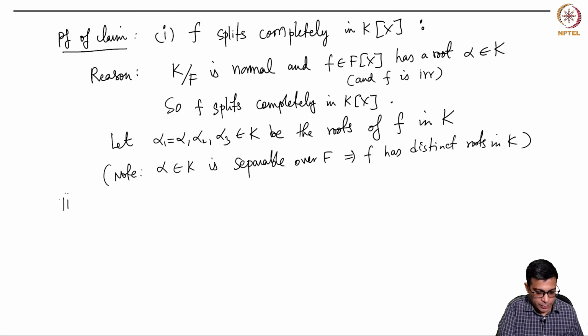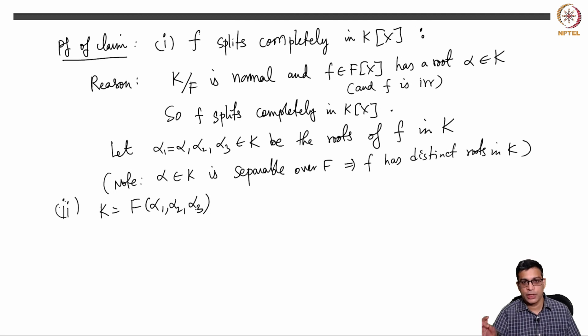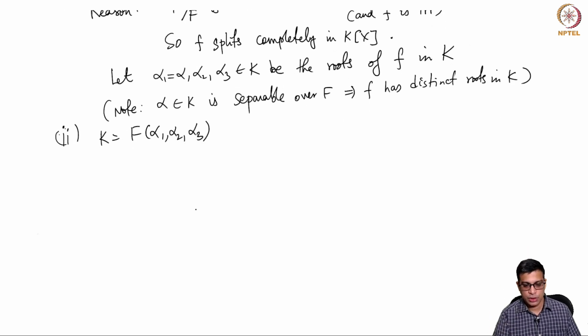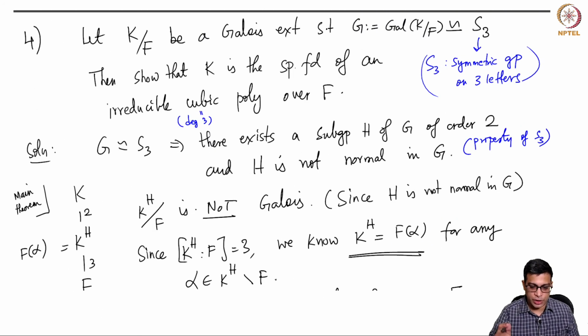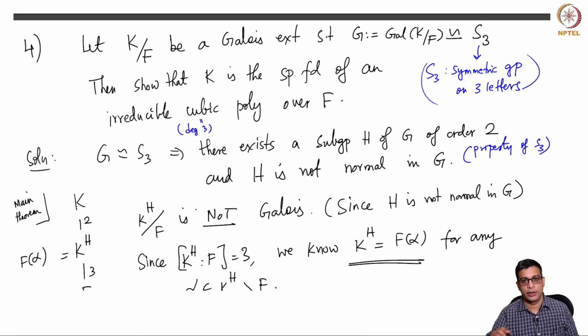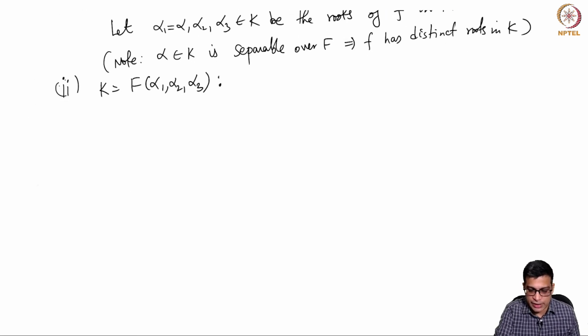So the second statement that will solve the problem is K equals F(alpha 1, alpha 2, alpha 3). Remember, a splitting field is not just a field where the polynomial splits completely. In addition, it must be generated by the roots, because you can take a bigger field, and it will not be a splitting field. So here I am claiming that it is the splitting field. I am not merely claiming that a cubic irreducible polynomial splits in it. I am trying to show that it is in fact generated by the roots.